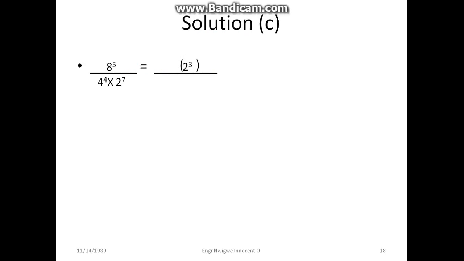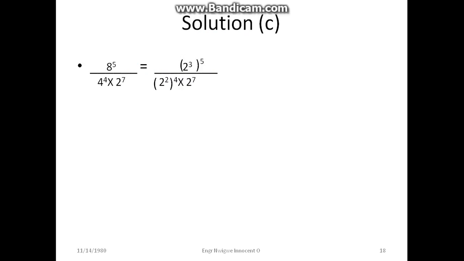Therefore, substituting 8 with 2 raised to power 3 in brackets raised to power the 5 it was already having, all over 4 is 2 times 2. Therefore, substituting the 4 with 2 raised to power 2, all in bracket, times 4 that is already given in the question, times 2 raised to power 7 according to the question.